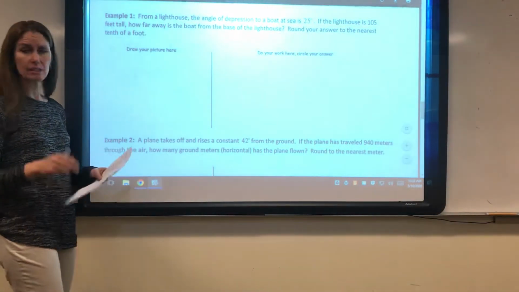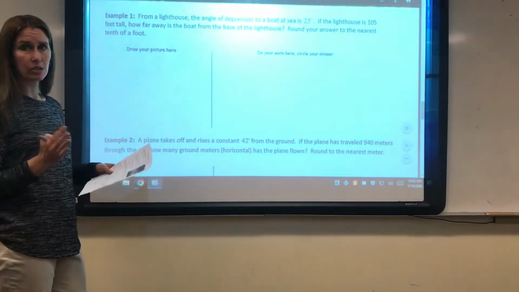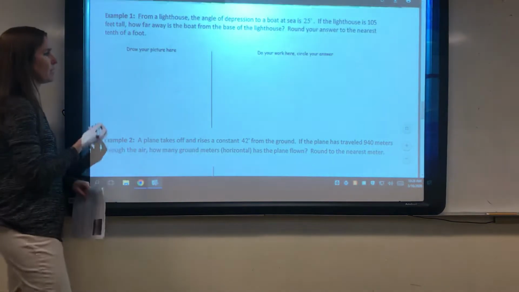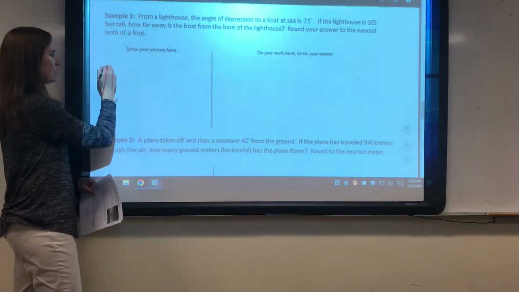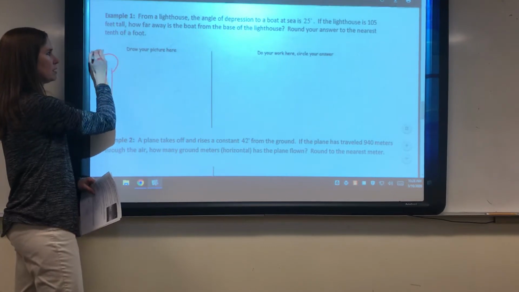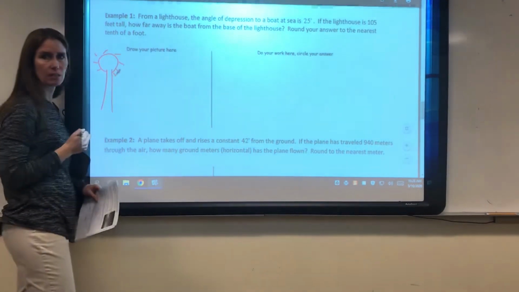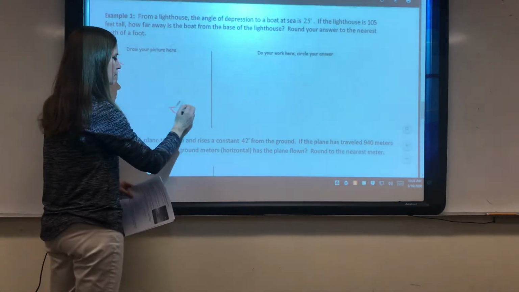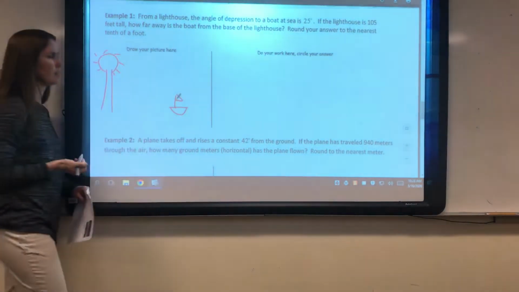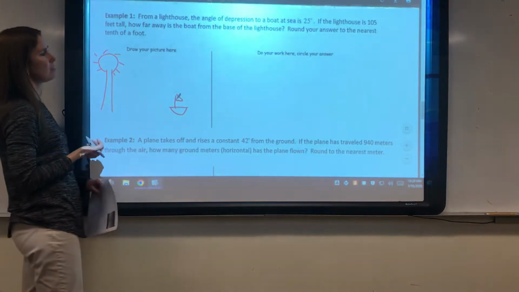So you can draw a fancy picture, you can just draw a simple right triangle and label it from there, whatever works for you. On my notes, if you looked on Canvas, here was my kind of terrible idea of a lighthouse, and here is my very simple boat. Okay, but again, the whole idea is angle of depression.